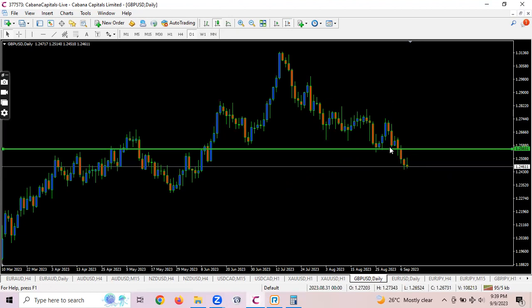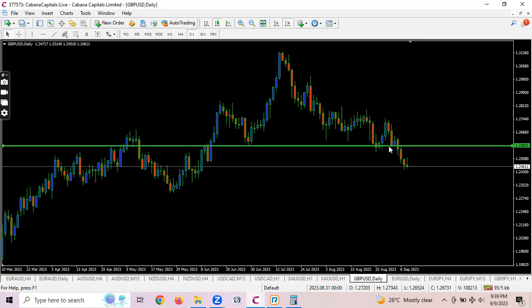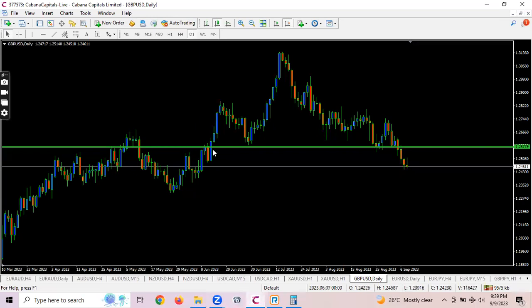It was broken. See? And at this point, it was a previous support or resistance turned support, which became a resistance after the candlestick broke out. You can see that. So the formation we have on daily indicates that GBP USD is still bearish.